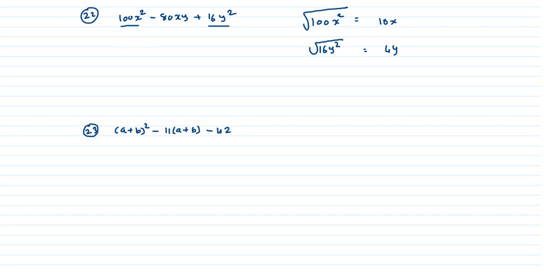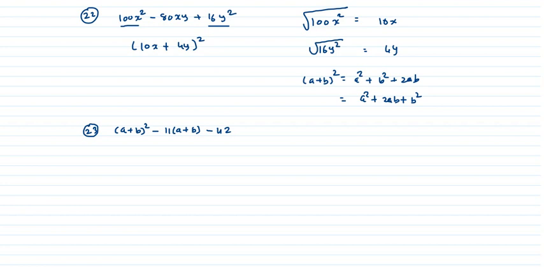So what is the value of this? This is a perfect square of 10x plus 4y whole square. Okay, how? So now if you know the other formula in identities, a plus b whole square is a square plus b square plus 2ab, or you can say a square plus 2ab plus b square.